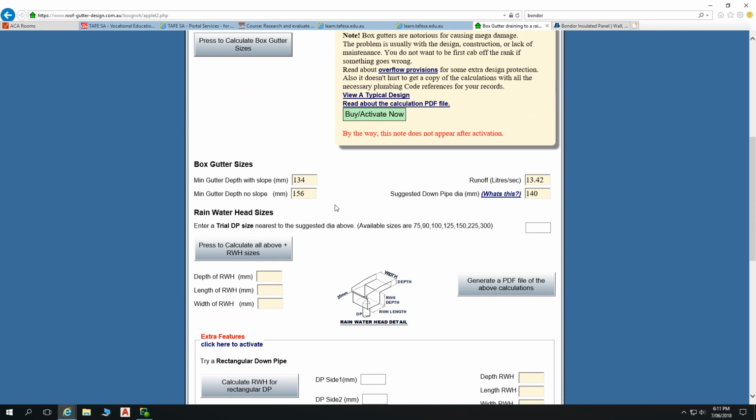So minimum box gutter depth, 134 millimetres. With our slope, minimum depth, 156, no slope. And downpipe dimension of 140. So that's fairly achievable. Use a 150 downpipe for that.